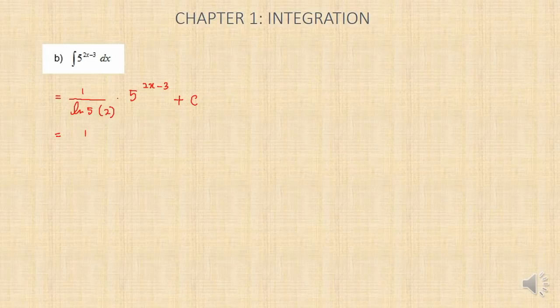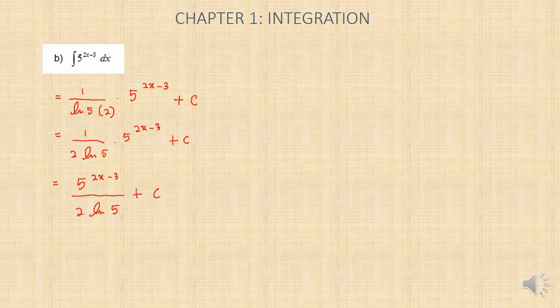Or you can write it as 1 over 2 ln 5 times 5 power of 2x minus 3, or as 5 power of 2x minus 3 over 2 ln 5, plus c. Okay, all the answers are in the correct form.